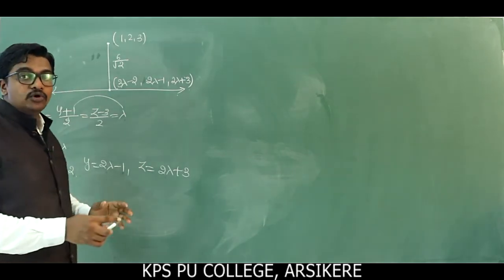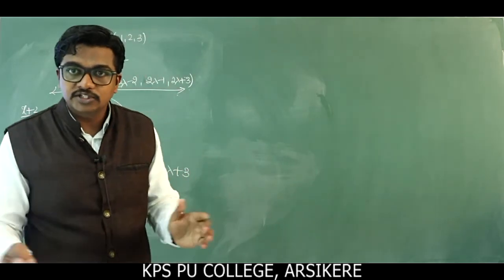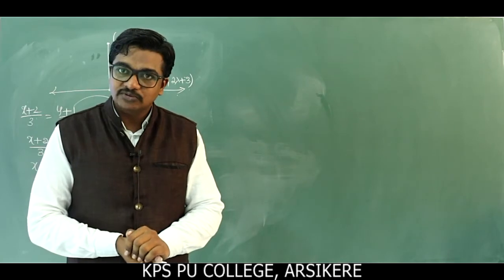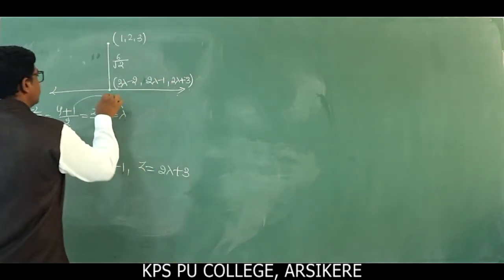The distance between any 2 points in 3-dimensional geometry, (x1, y1, z1) and another point (x2, y2, z2), is root of (x2 minus x1) whole square plus (y2 minus y1) whole square plus (z2 minus z1) whole square. Here we need to find the distance between these points, AB.